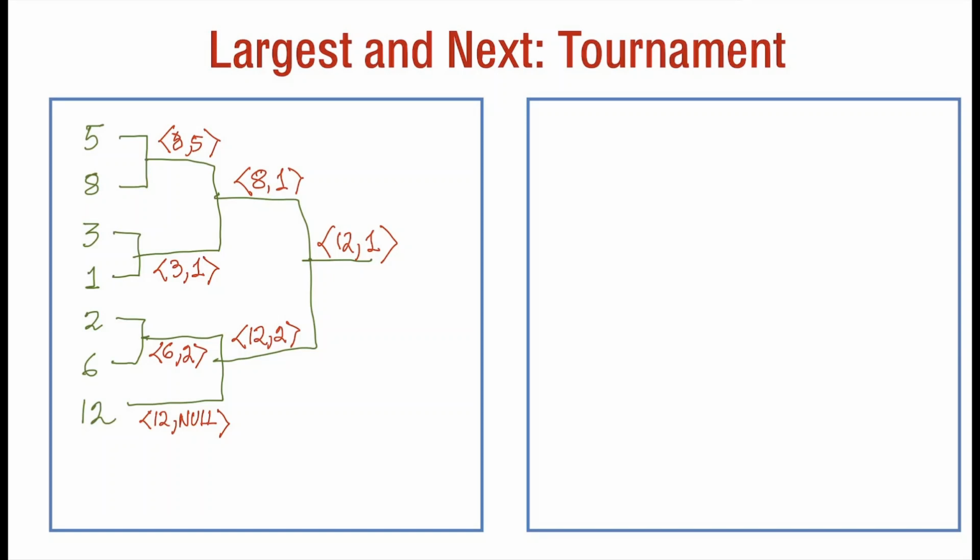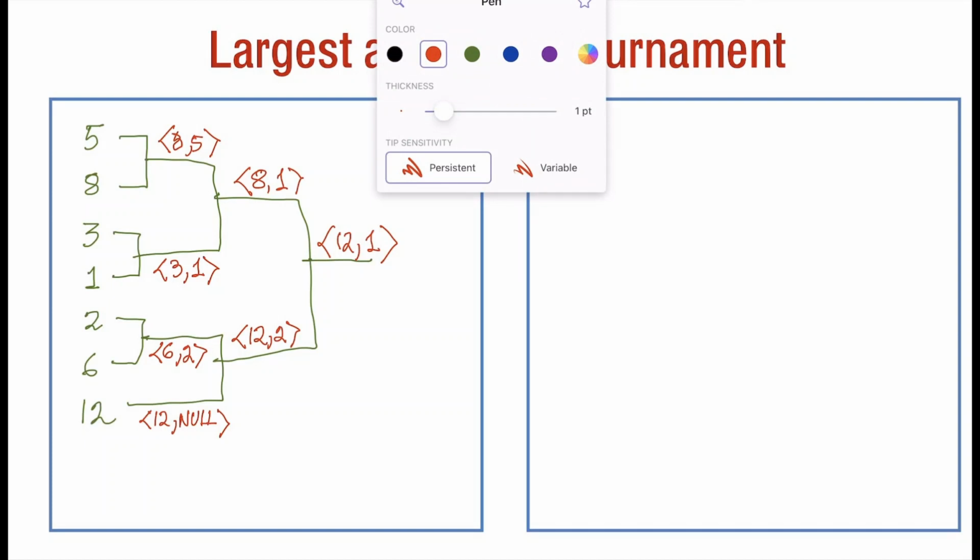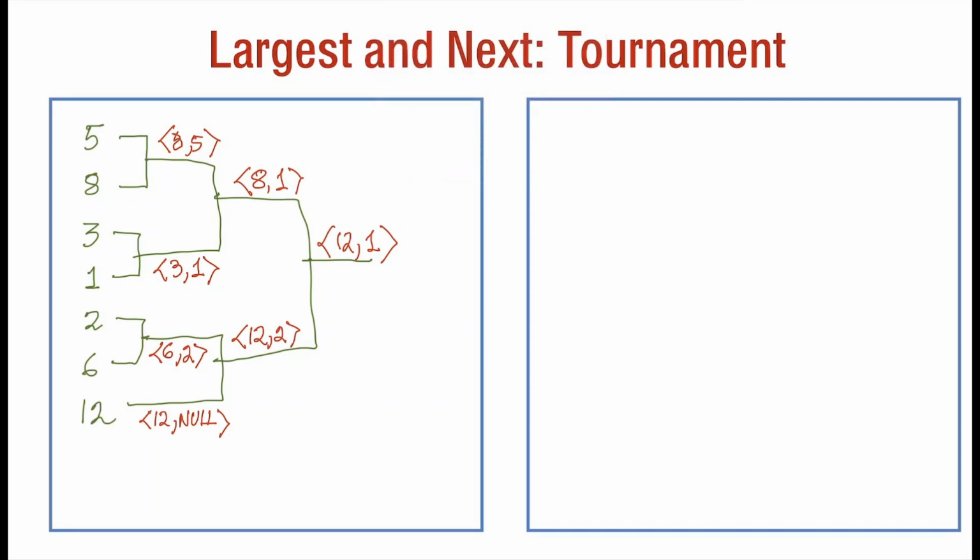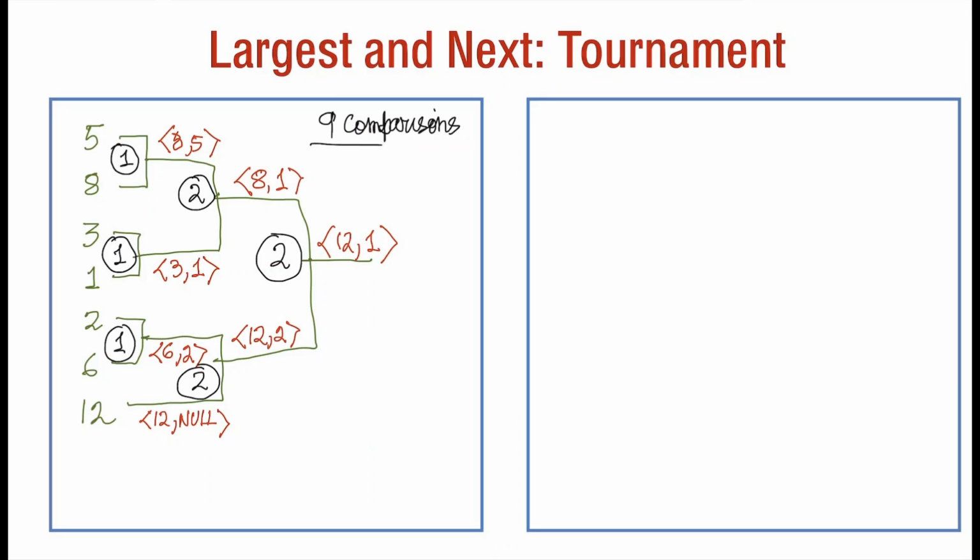And as we can see, the number of comparisons at every stage is 1 comparison, 1 comparison, 1 comparison, 0 for 12, 2 here, 2 here, and 2 here. So we get a total of 9 comparisons, which is compatible with our 3n by 2 minus 2 ceiling formula.